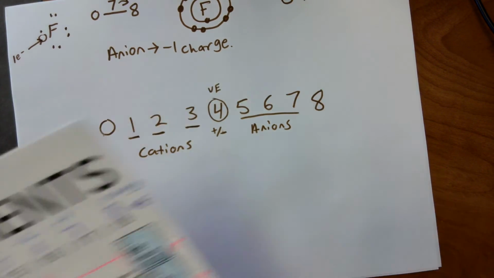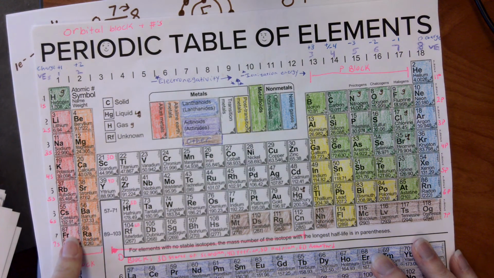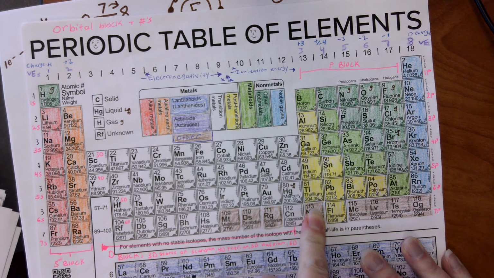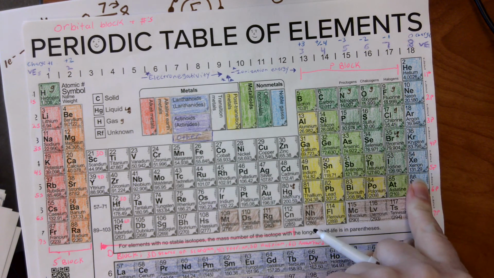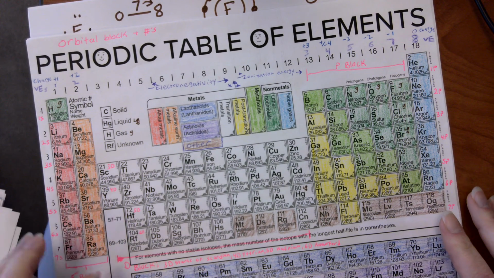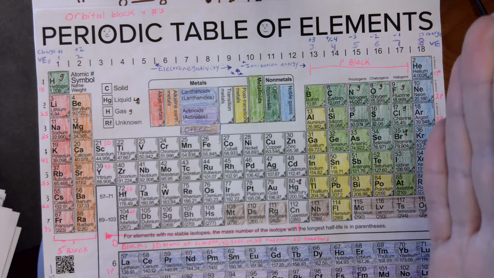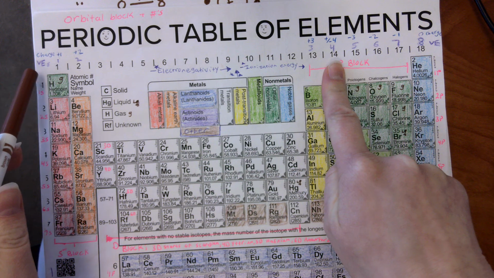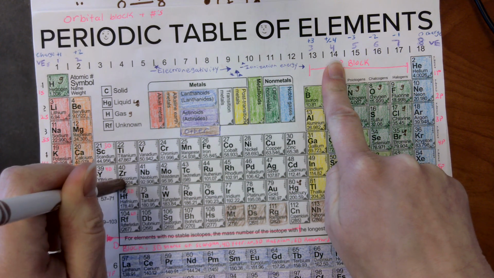Okay, and if we look at how our periodic table is listed, we know that these have 1, these have 2 valence electrons, these have 3 valence electrons, 4, 5, 6, 7, and 8. So you can clearly see that on our periodic table, it's nicely set up where the elements from column 14 and over will want to create cations.